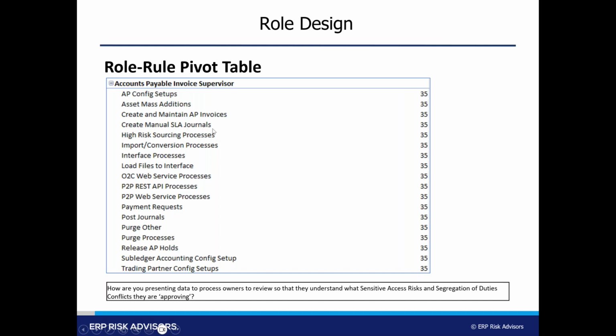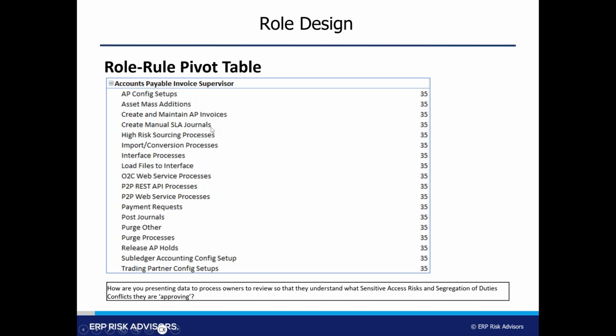I talked about the ability to upload an FBDI template to create a manual journal entry that bypasses a journal approval workflow. That ability, or one or more of those abilities, is in the accounts payable invoice supervisor role. So it's not even a general accounting role or a general ledger role. It's in an AP role.